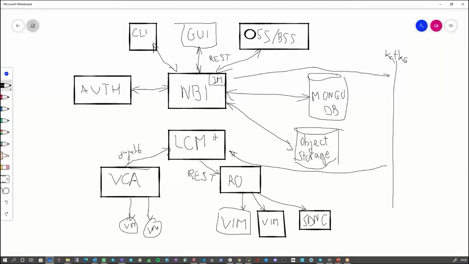Obviously, the LCM also needs to understand the information model because in the end, it will have to read the descriptors of the network services, and together with the different instantiation parameters, it will define the tasks to be done. It will have to understand the descriptor to know what things have to happen, right?